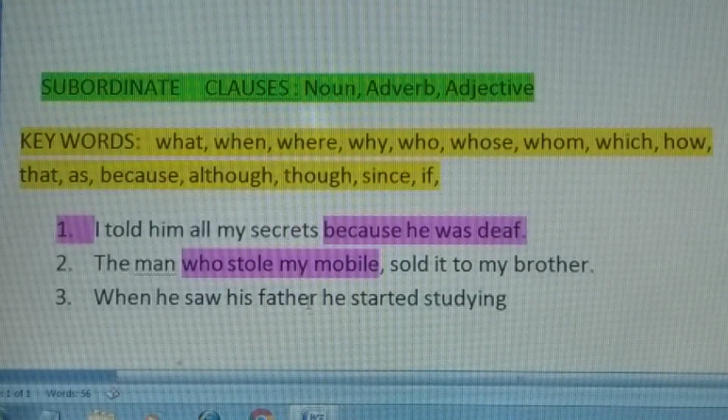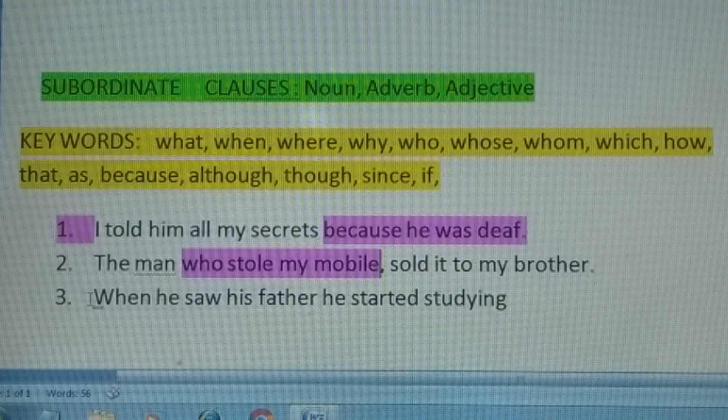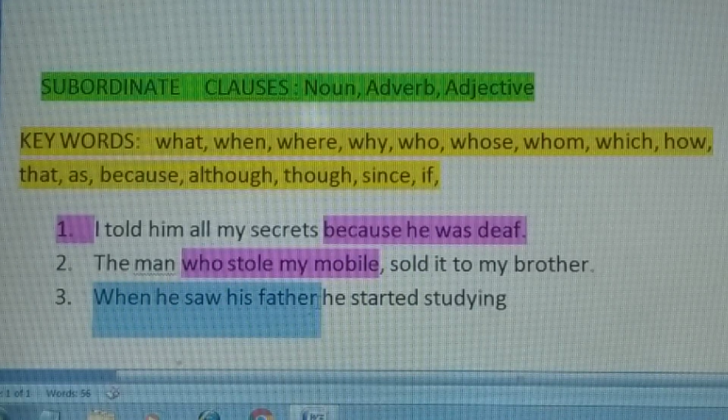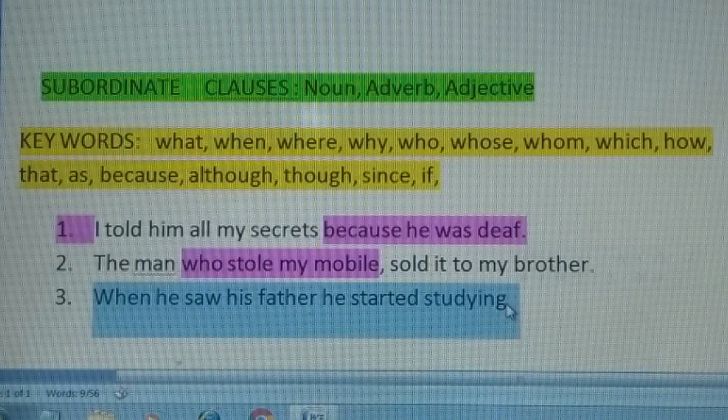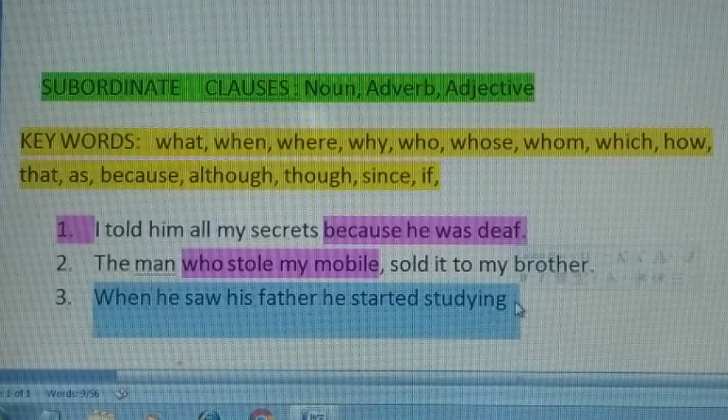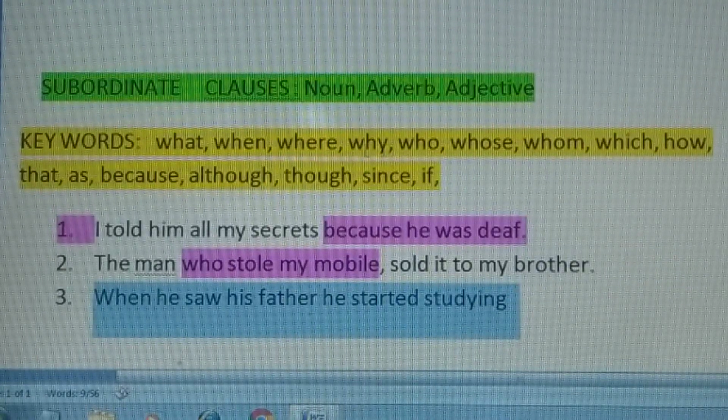Let's move to sentence number 3. When he saw his father, he started studying. Well, that's a very common experience. So the word from this list is in the beginning itself.